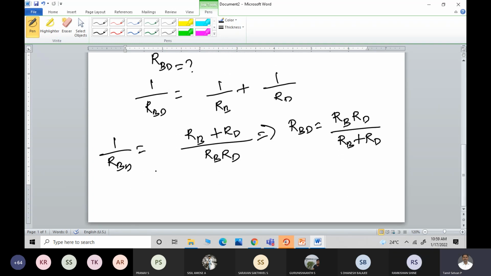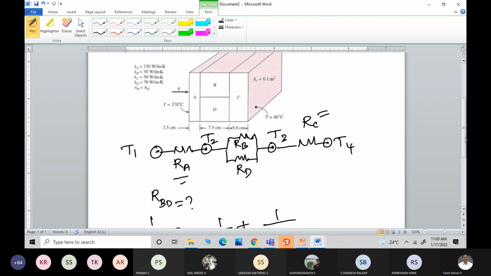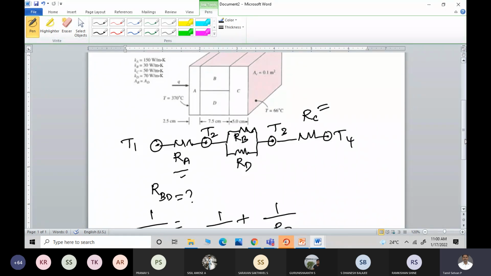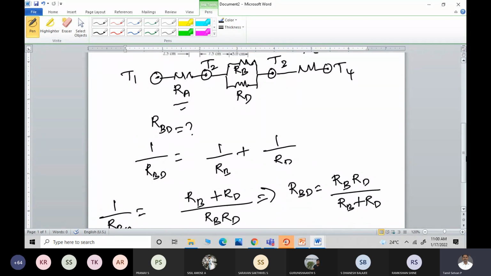Now, taking R suffix B. R suffix B is LB by KB into AB. So we have LB as 7.5 into 10 power minus 2, and KB is 30. AB is 0.05. It is not 0.1, it is 50% of the area. So 30 into 0.05.